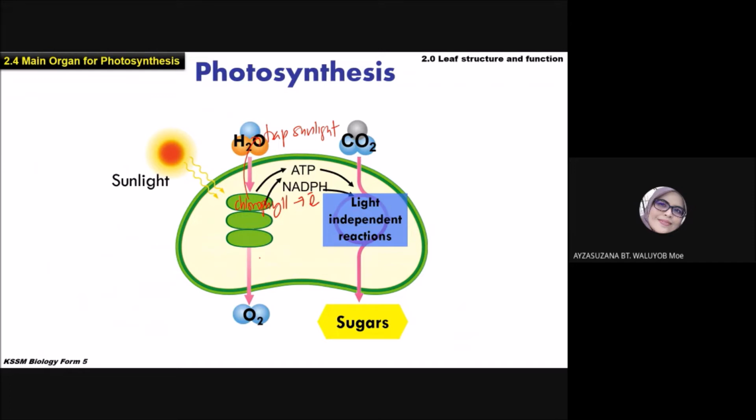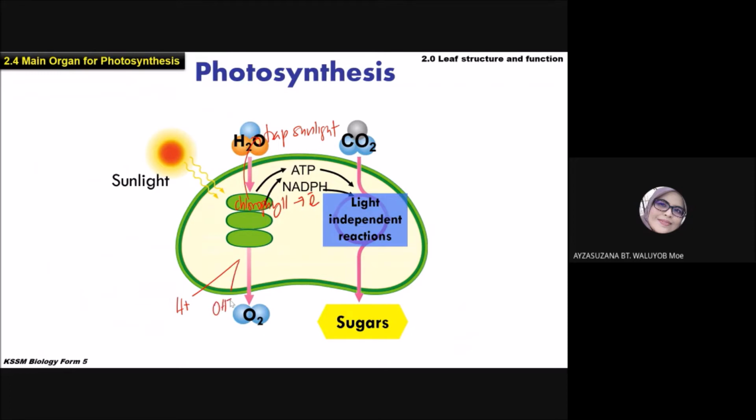And at the same time, the sunlight tadi trapped by the chlorophyll will split. Okay, we split the water first into hydrogen ion and hydroxide ion.